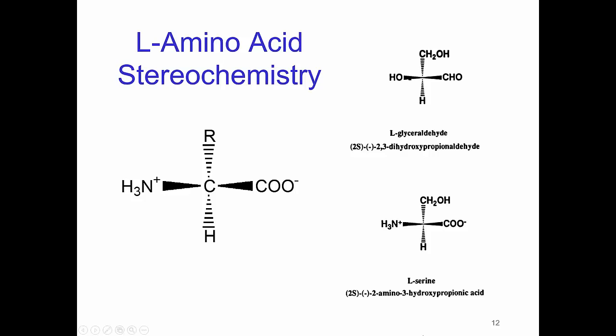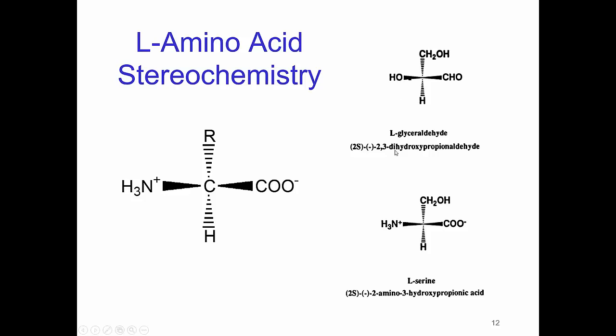So again, these rules are not interchangeable. They're determined by different methods, and that's just another example of that. In the case of our L-serine, what natural compound was this compared to in order to determine what it looks like and what its orientation was, right? L-glyceraldehyde was the standard compound from which it was compared. You can imagine the interconversion of groups here, right?